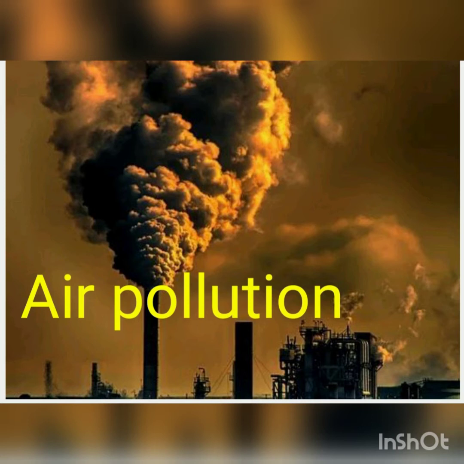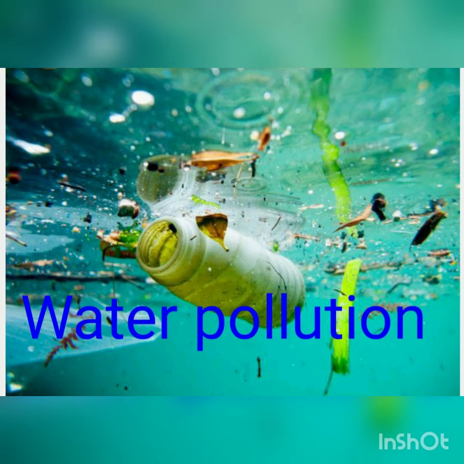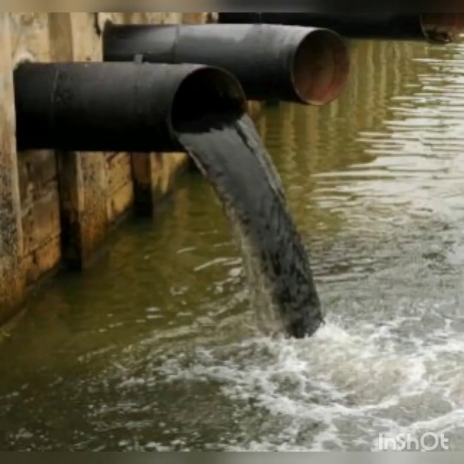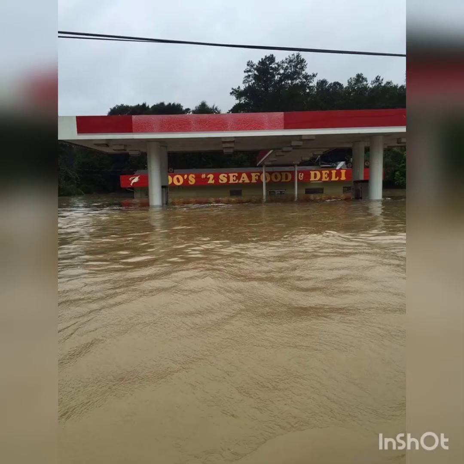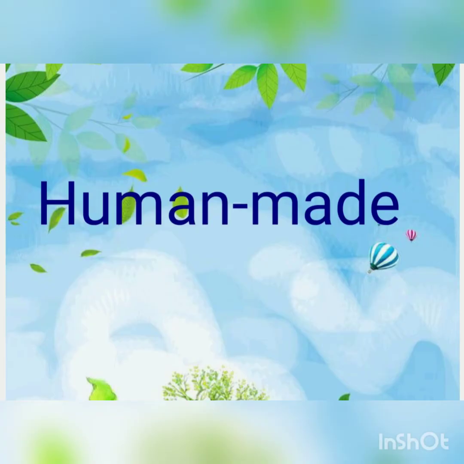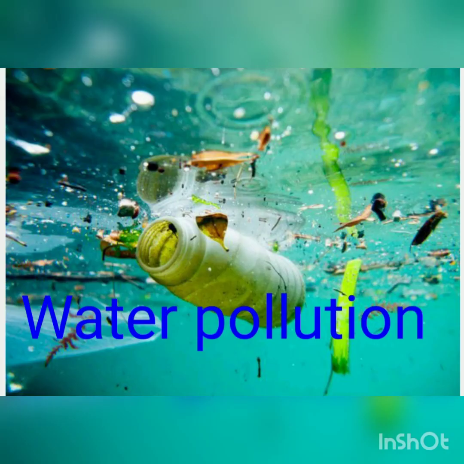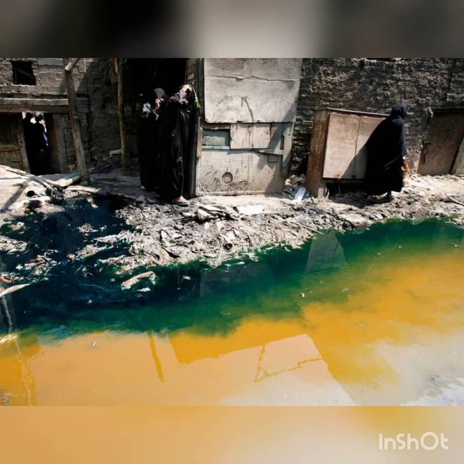Now let's see what is water pollution, how is it caused, and what are the consequences. So water pollution is caused due to the introduction of pollutants into a water body. Volcanic eruptions at the ocean floor and floods are natural causes of water pollution. Human-made sources of water pollution are: 1. Discharge of industrial waste into rivers. 2.